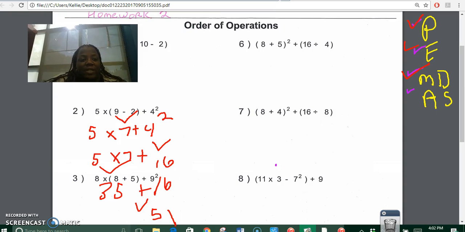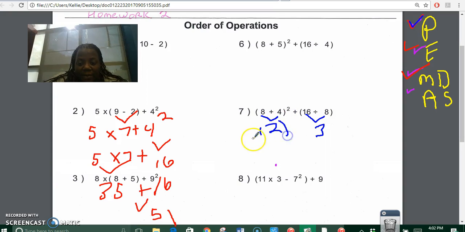Let me go over here to number 7. See what we can do. So number 7, remember we have our parentheses, which is here and here. 8 plus 4, 8, 9, 10, 11, 12. 16 divided by 2. How many times will, or excuse me, 8 will go into 16 3 times.